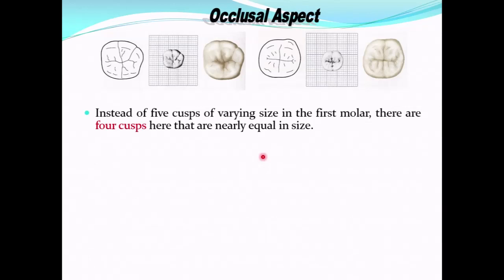The differences. Instead of 5 cusps, as we explained, large one, next, buccal, lingual, lingual, buccal, distal, here I have 4 cusps. The 4 cusps have nearly equal size: mesial buccal, distal buccal, mesial lingual, distal lingual.